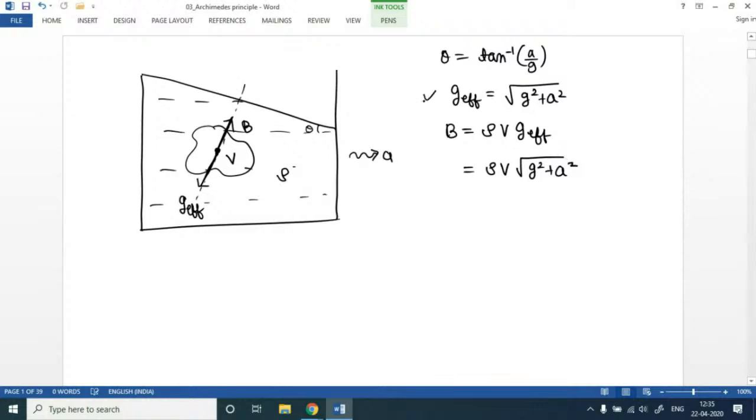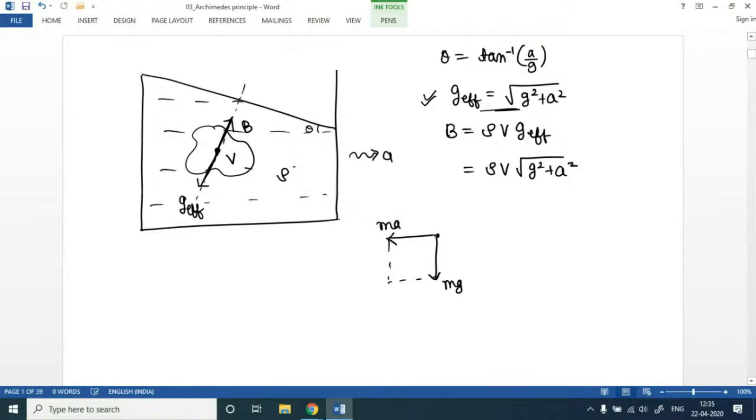Let us recap how we found the value of g effective here. We have to find the weight of the displaced liquid. Let's say its mass is m. So mg would be acting vertically downward, and the container is accelerating, so ma would be acting in the leftward direction.